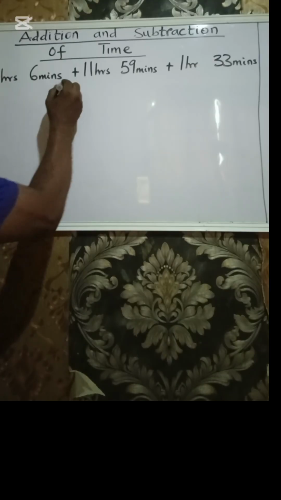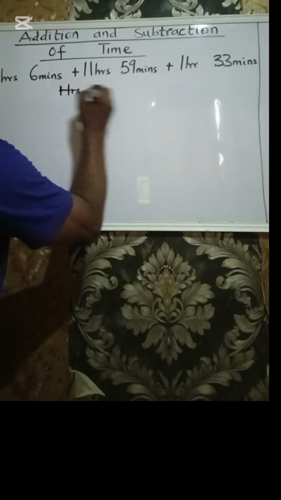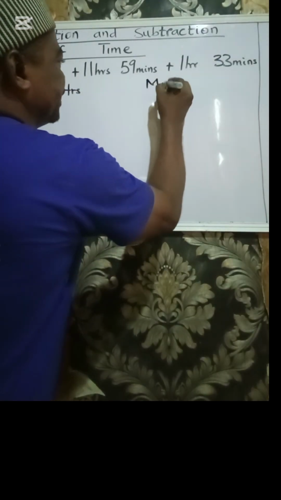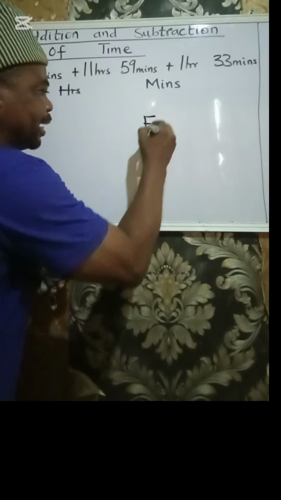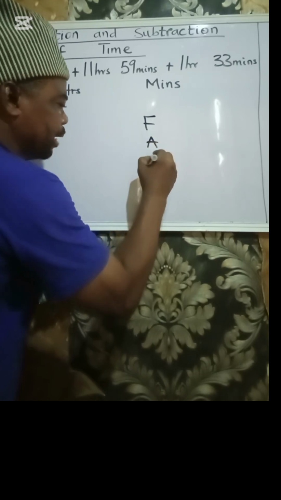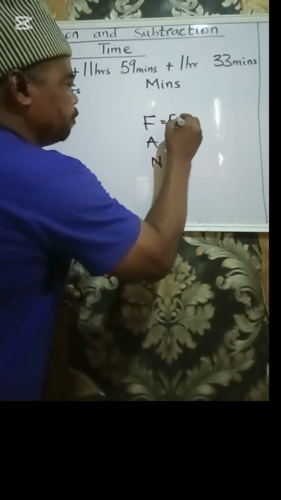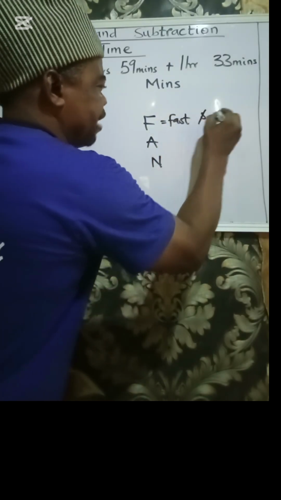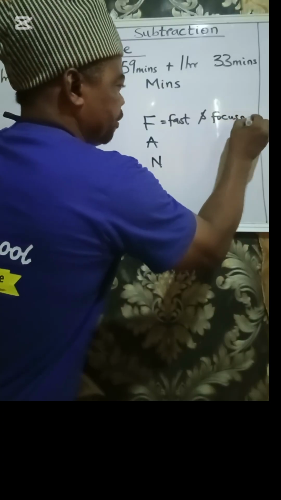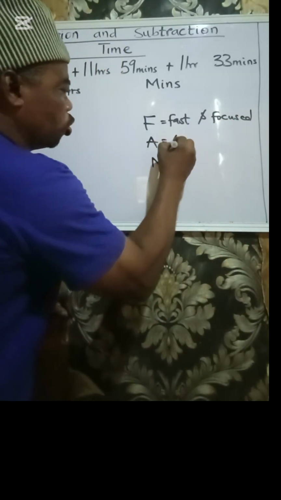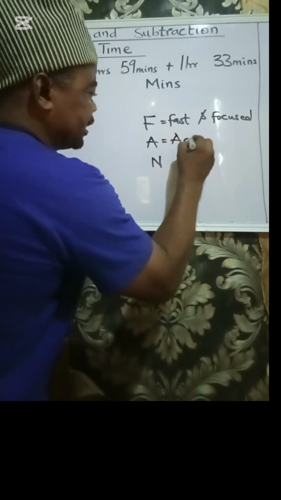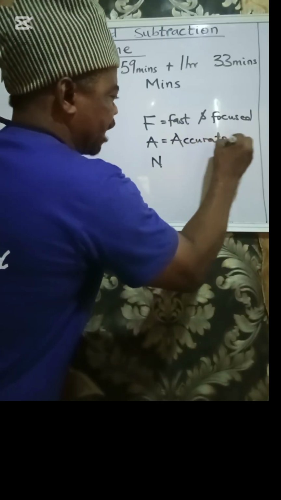Now let us see. We have our hours here and we have our minutes here. Remember, Mr. Lodges have been singing about the fan of mathematics. F, you must be very fast and focused. A, you must be very accurate.